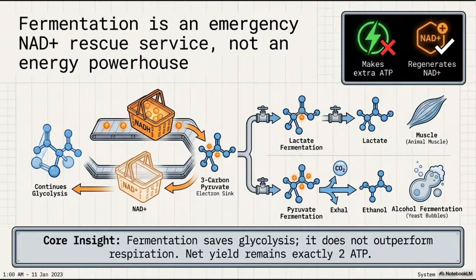Okay, the next one is fermentation. Don't forget what I said. Immediately after pyruvate is produced, that signals the end of the glycolytic reaction. So the next step is either it's going to go through the journey of the Krebs cycle, or it's going to go through fermentation.